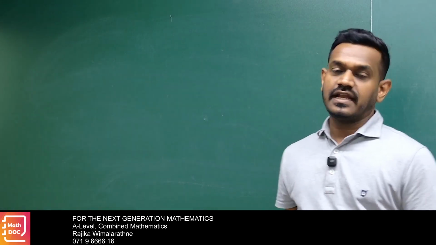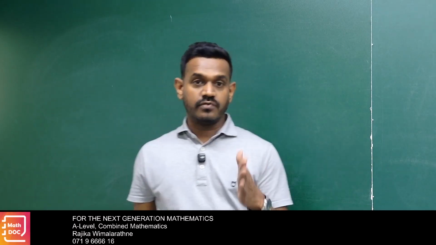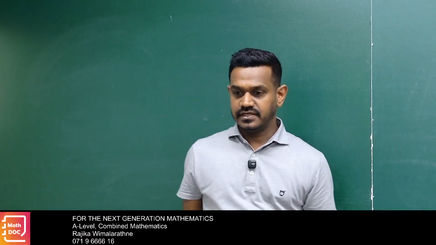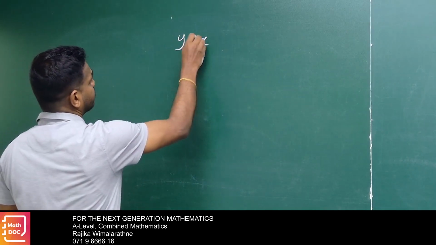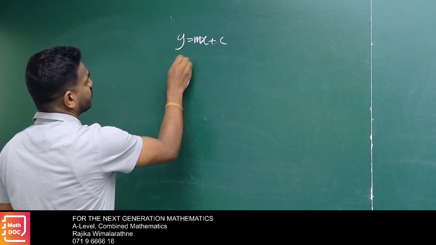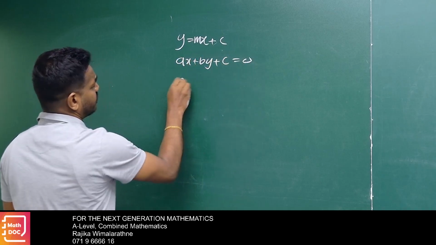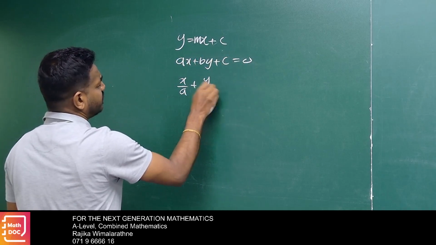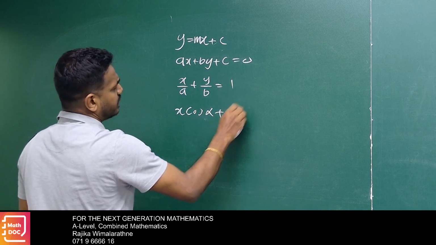So under this straight line lesson, we mainly focus about different forms of straight line equations. As an example, y equal mx plus c, ax plus by plus c equal 0, x over a plus y over b equal 1, x cos alpha plus y sin alpha equal p.